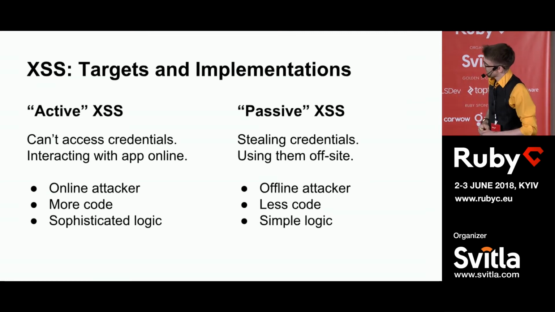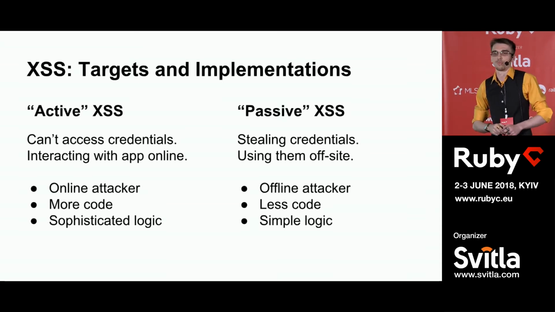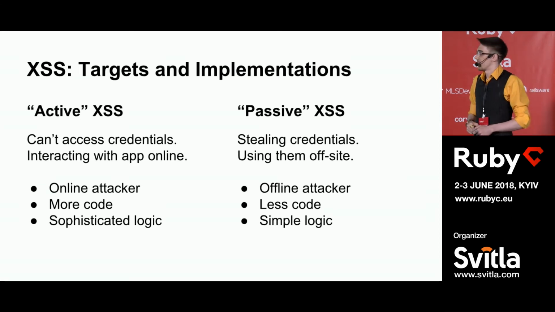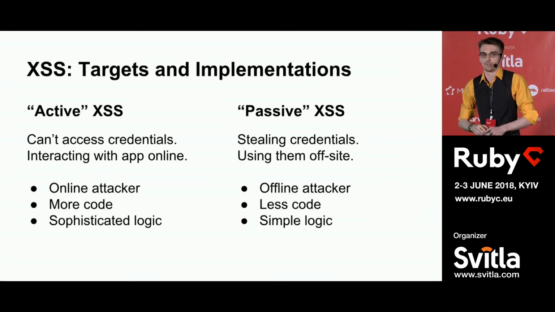In the case of active XSS, when you cannot access credentials, it takes much more effort to do anything useful with that vulnerability, because the user needs to be online, and the attacker needs to interact with the page to make whatever requests the attacker wants to do.